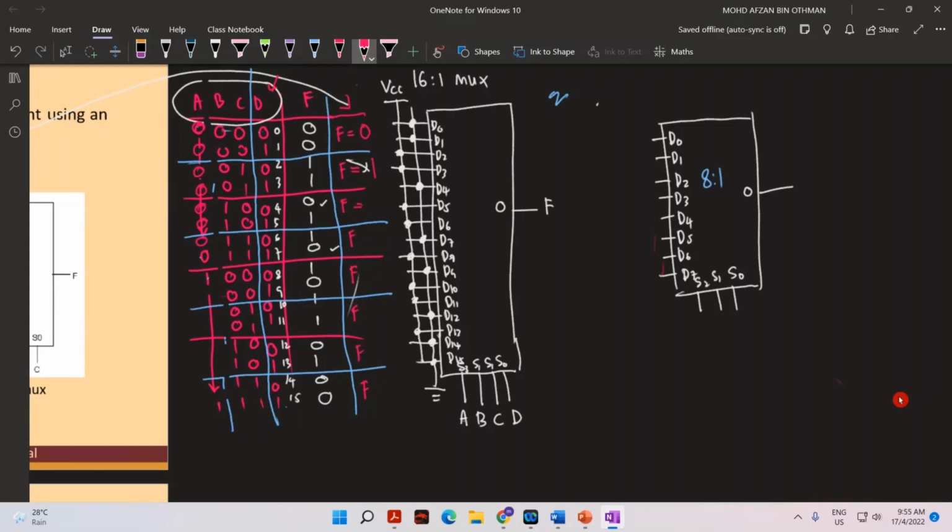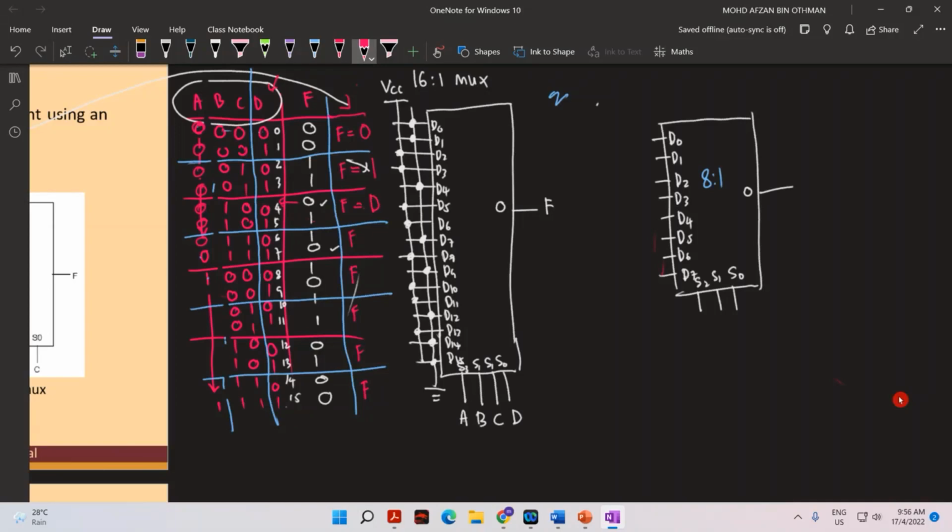Untuk yang ni, bila input 010, F sama dengan 01. Okay, so bila 01 kita kena compare dengan D. Kalau kamu tengok sini D01, so F follow D. F sama dengan D. Sebab bila D0, F0. Bila D1, F1. So F sama dengan D.